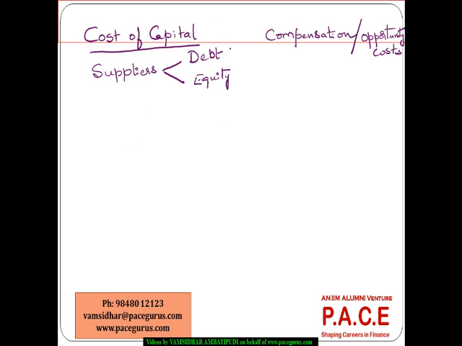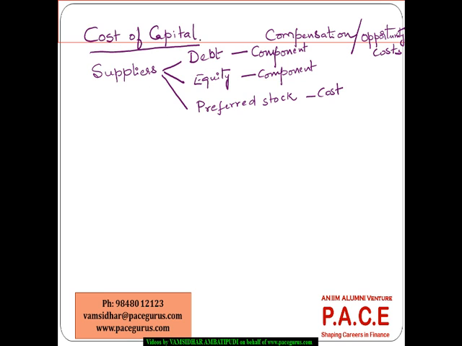So we will first look at the component costs of capital. The debt component, what is the cost of it? The equity component, what is the cost of it? And probably there is one more, which is a combination of these two, a preferred stock component, and I want to look at the cost associated with it.